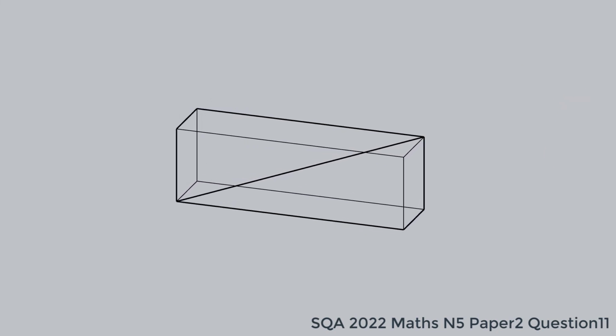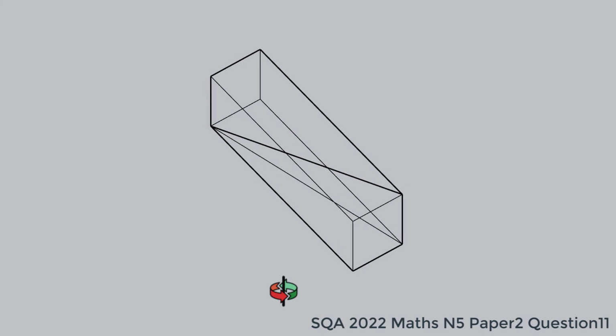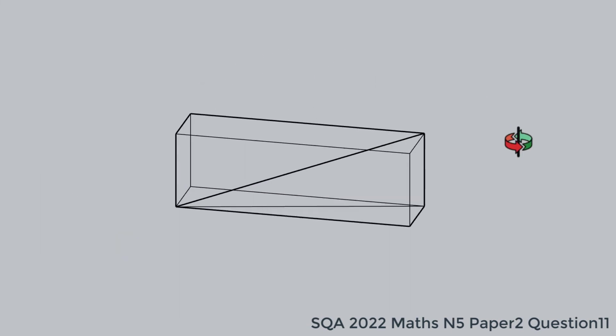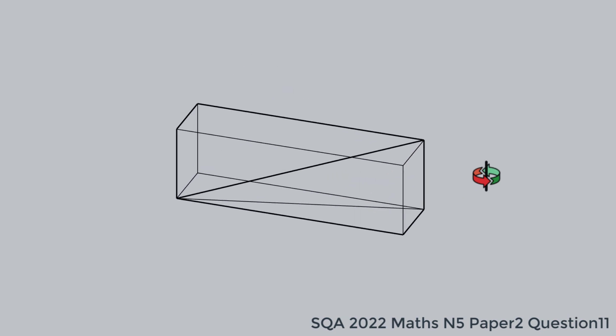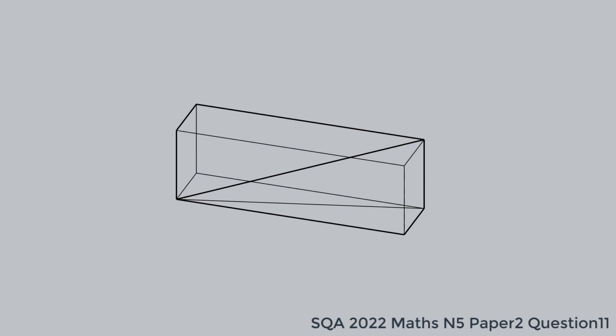Now, to help us solve this problem, we're going to be using this crucial line along the base of the cuboid. Let's move that around so we can see what we've done. And we should be looking for right-angled triangles, because of course once you have a right-angled triangle, Pythagoras' theorem comes into use. So let's just highlight the triangles that we're going to use. There's one on the base. There it is.